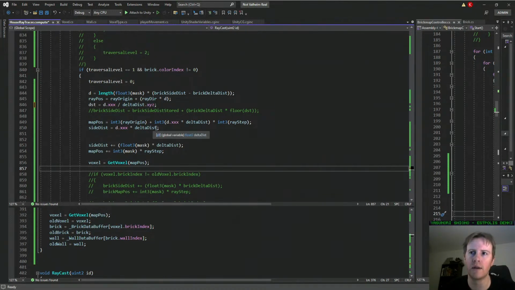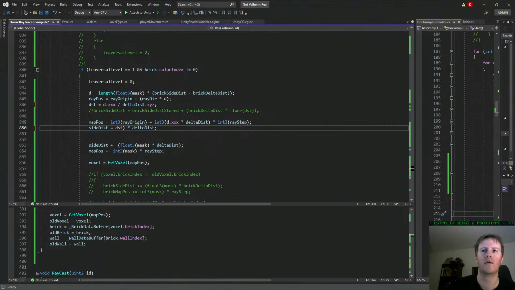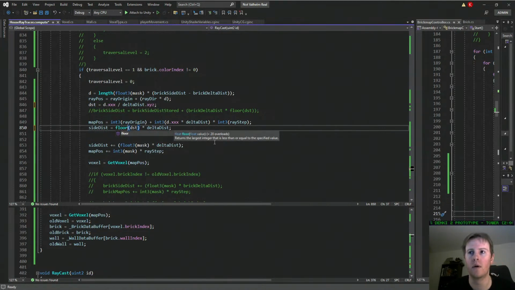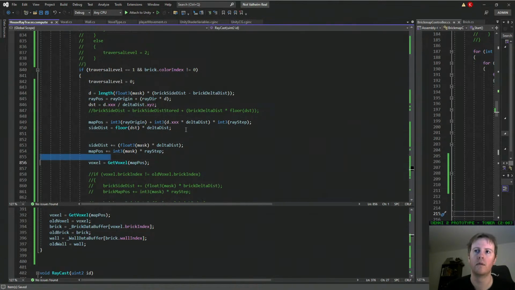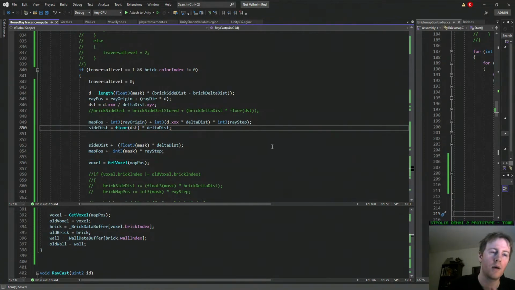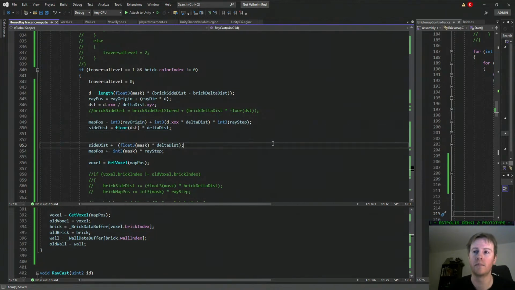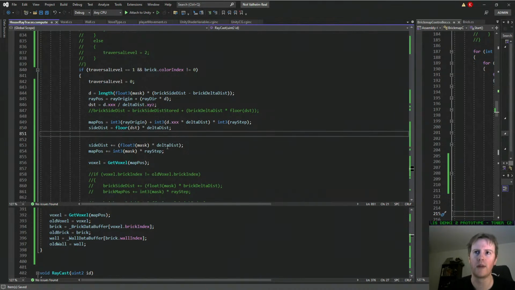And then you do side dist equals DST floor times delta dist, because that way you multiply the other axes up as well, but you chop off the overflow that's not supposed to be there. But I don't know if that ends up being correct either. It might, but I don't think so necessarily.